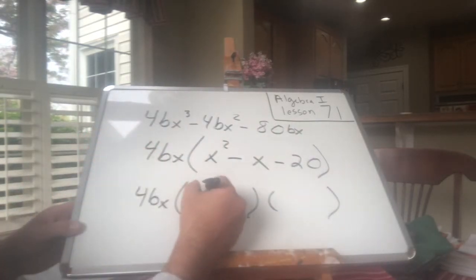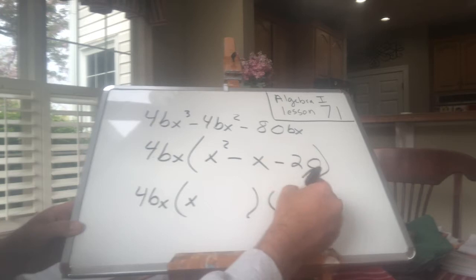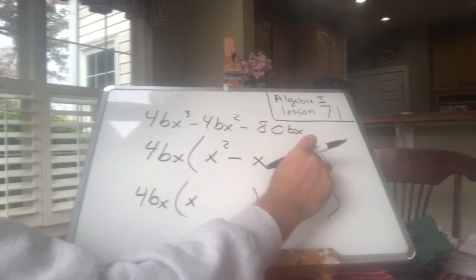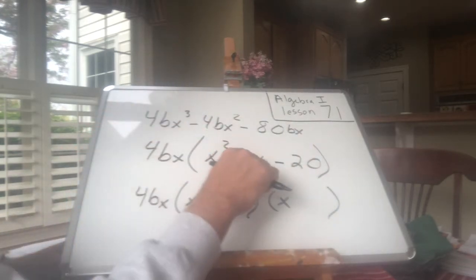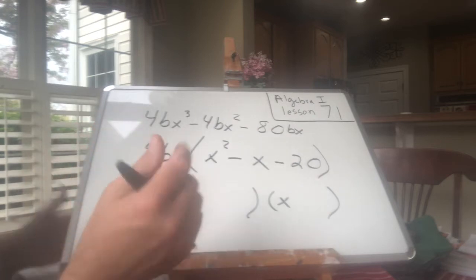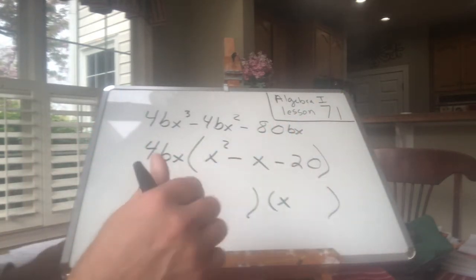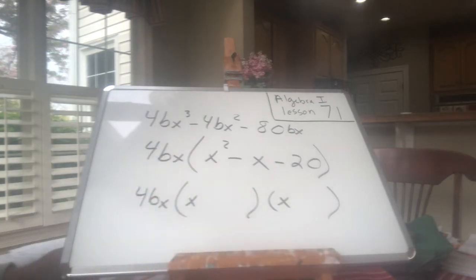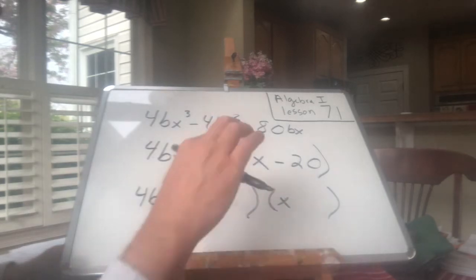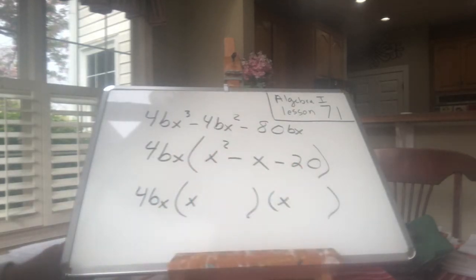Well, we know x times x, right? Okay, now we need to figure out what times what equals 20. That's going to give us a remainder of 1. Well, it's going to be 5 times 4, okay? Now, we want to finish with a minus 1, right? Right here, we want to finish with a minus 1.